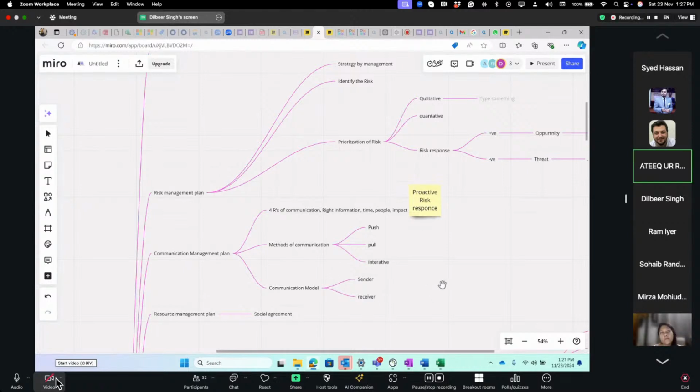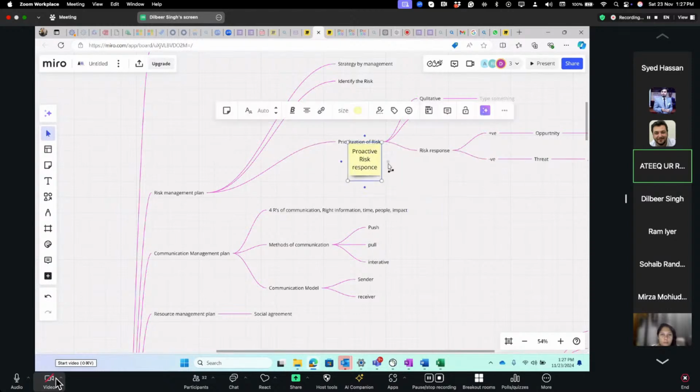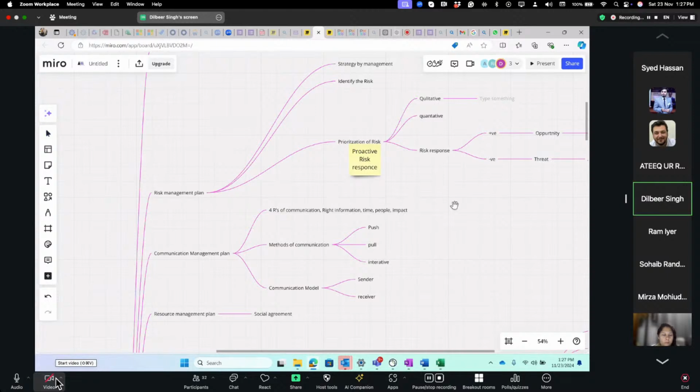So in communication, we have 4 R's. The meaning of 4 R's is that we have to provide the right information at the right time to the right people, and that will produce the right impact. Next, we have methods of communication. We have 3 types: push communication, pull communication, and interactive communication.